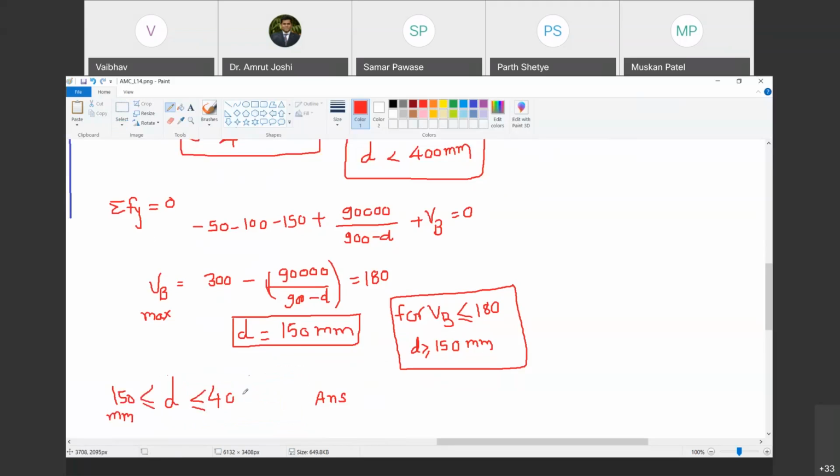Anywhere in between, both the reactions are going to remain within 180. That is the meaning.